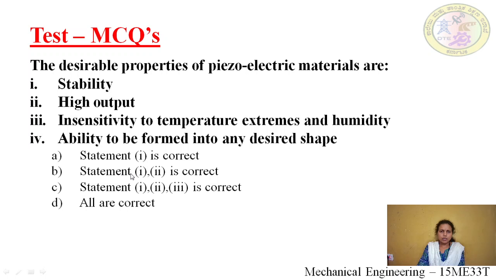Option B, statements 1 and 2 are correct, that is stability and high output. Option C, statements 1, 2, 3 are correct, that is stability, high output, insensitivity to temperature extremes and humidity. Option D, all are correct, that is stability, high output, insensitivity to temperature extremes and humidity, and ability to form into any desired shape. Guess the answer.